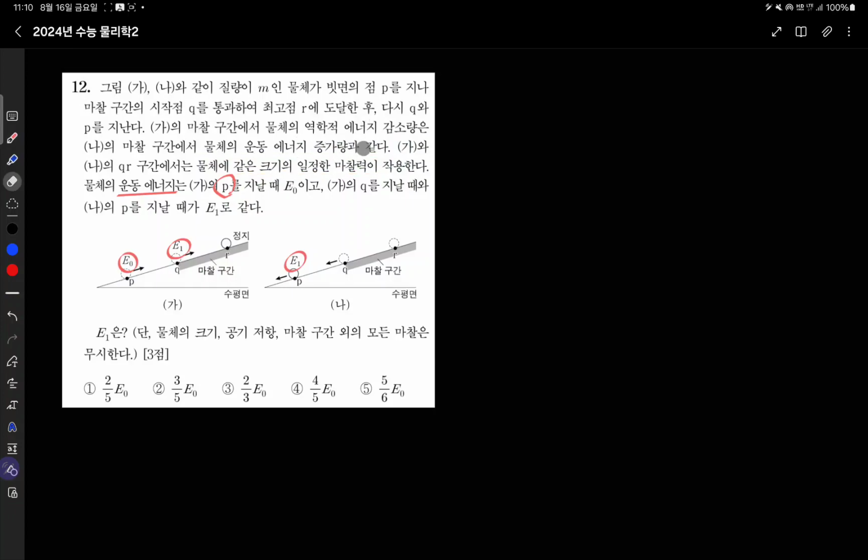So let's follow the movement of this object with the time frame. Let's say the initial time is t1, and then t2, t3, and from t3 it moves to t4 and t5. So let's make a table with this time frame.